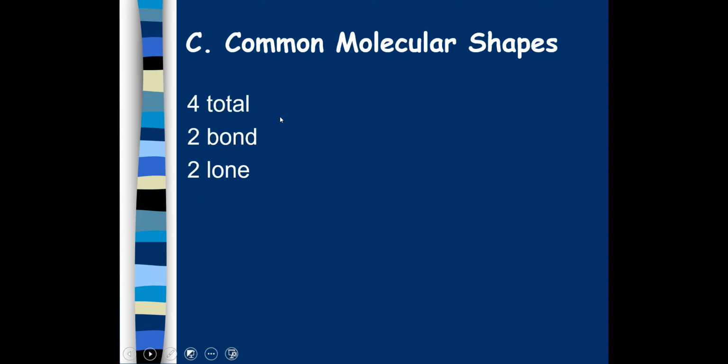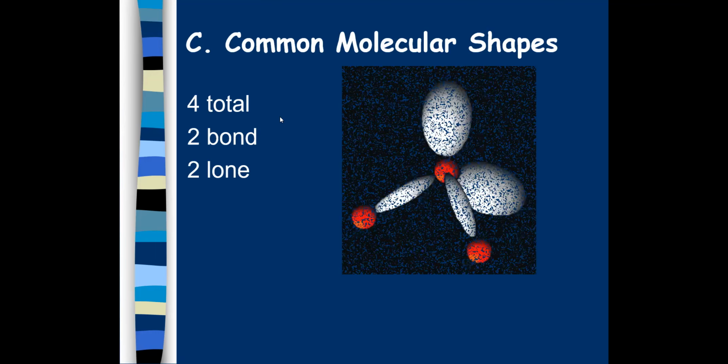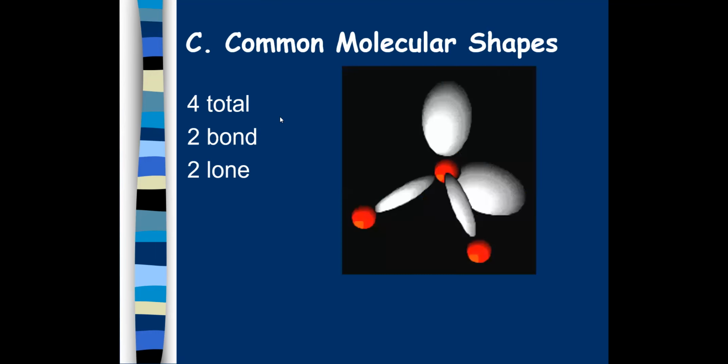All right. Common molecular shapes, last one of the ones that we really need to worry about. So here it is. 2 lone pairs, 2 bonds, and a central atom. So once again, this one's going to be an AB2E2, right?